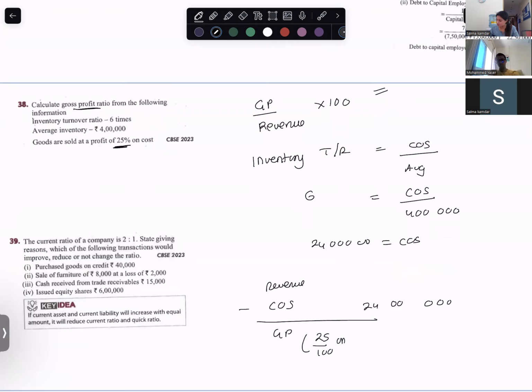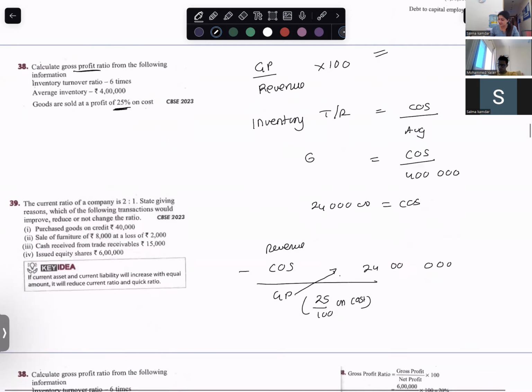Gross profit is 25% on cost, that means 25% of cost of sales. 10% will be 2,40,000. 20% will be double of this, that is 4,80,000. And 5% will become 1,20,000. So 25% of 24 lakh is 600,000.